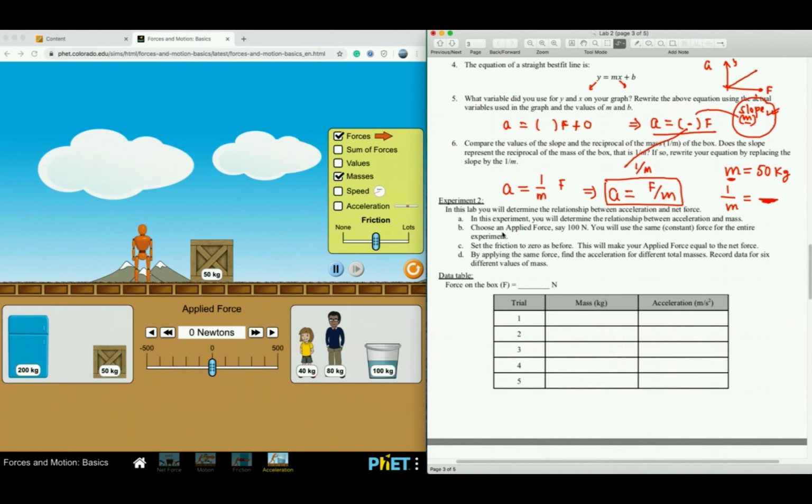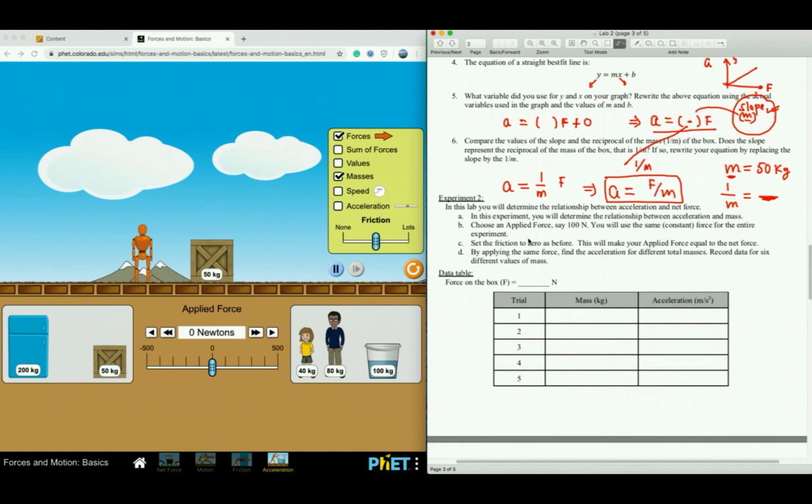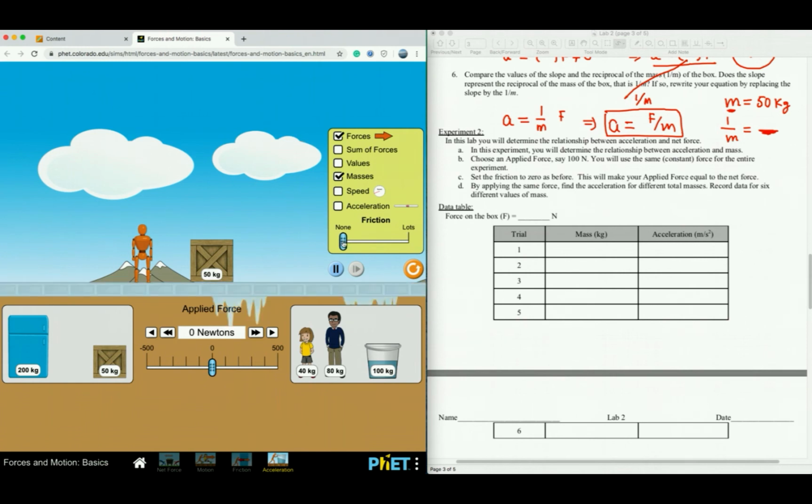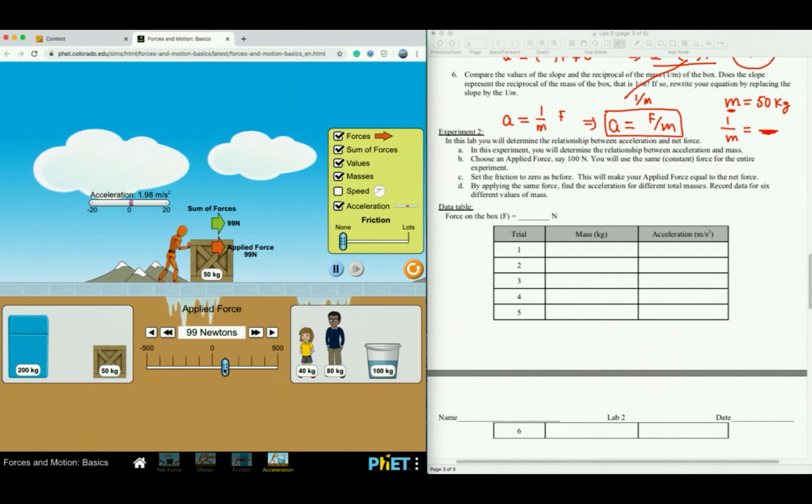That's the first part. Now in the second part, what you will do is you will now keep the force constant. Okay, so you will be applying 100 newton force. Again, just like before, you keep the friction 0, and then click these boxes, and then for all the trials you will be using 100 newtons in this part.